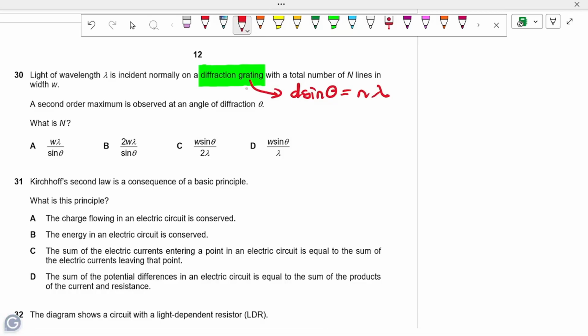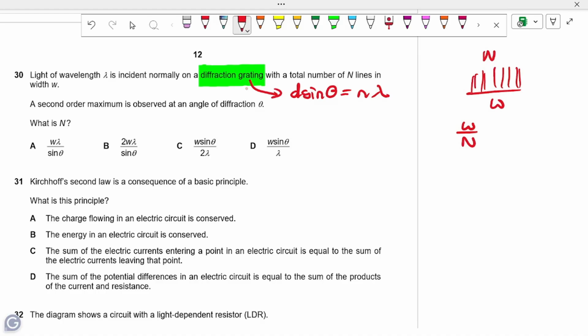This is the equation for all diffraction grating scenarios where d is the thickness of the line. So if you have N number of lines across a width of W, how thick is one line? Well, it will just be the width that you have divided by the number of lines that you have, because you want to find how thick one line is, but you have a certain width and a certain number of lines. But W over N is what d actually is.